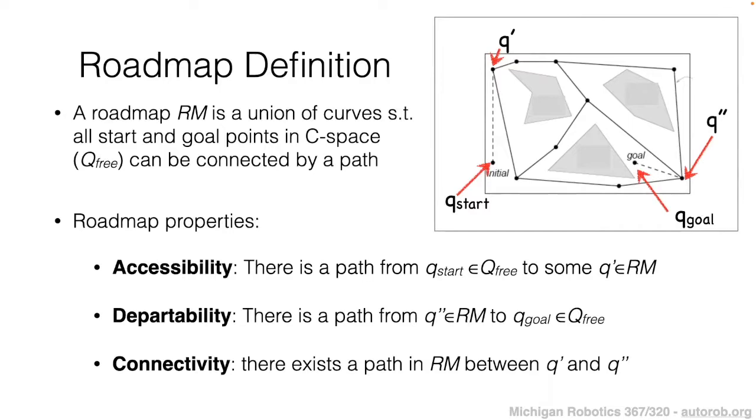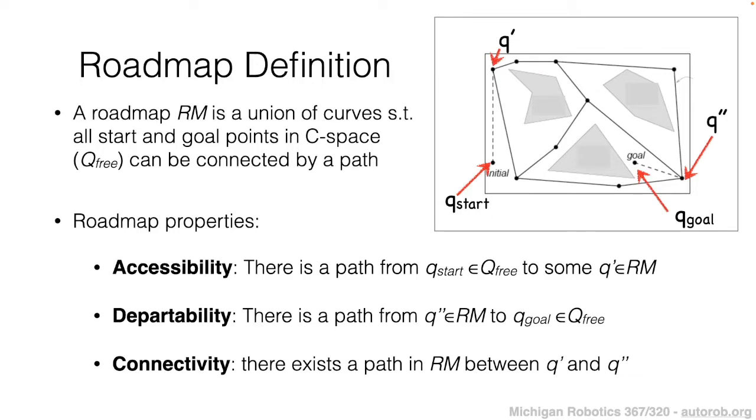So let's define these roadmaps more formally. A roadmap is defined as the union of curves such that all start and goal locations within configuration space, where start and goal locations can only exist within what we call Q-free, which is the portion of configuration space that's not in collision with the environment, can be connected by a path that exists within the roadmap.